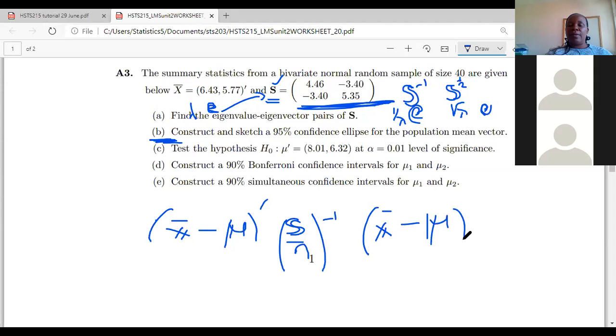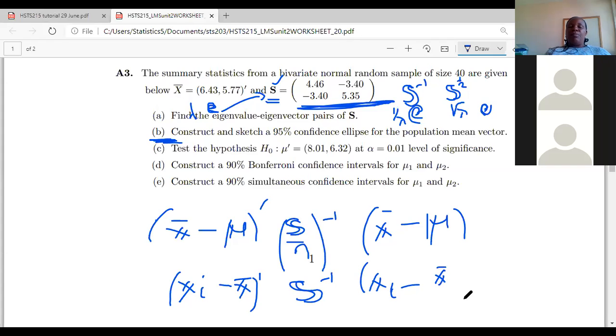Right? So where we do distances, I want to bring out the difference because this difference confuses most people. Where we do squared distances, we do it this way: x i minus x bar, right?